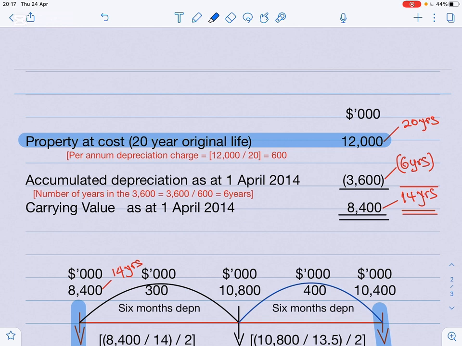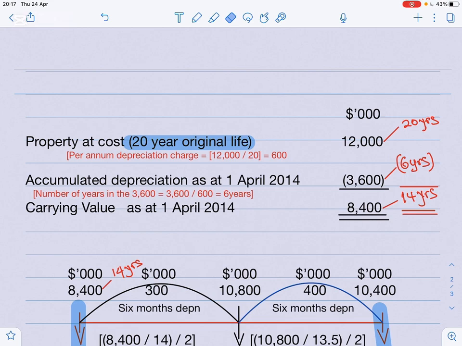What are they saying? Well, what it's saying is this: as at the time we bought or acquired this property, we acquired it for $12 million, and the estimated useful life of this property as at the time of acquiring the asset, look at it here, is 20 years. How did we get the 20 years? Oh, it's given to us in the question. So look at the bracket here. I have it there for you, 20 years.